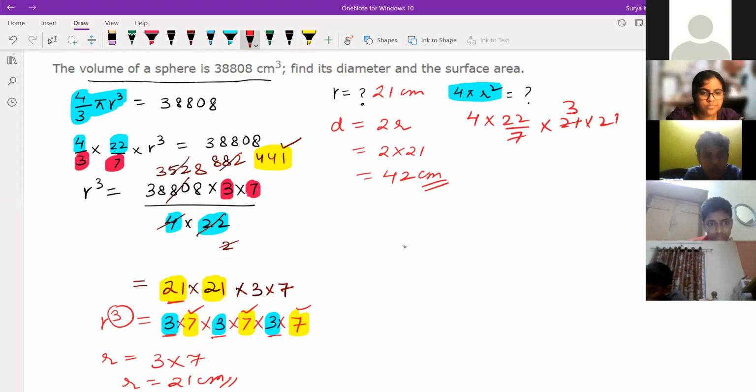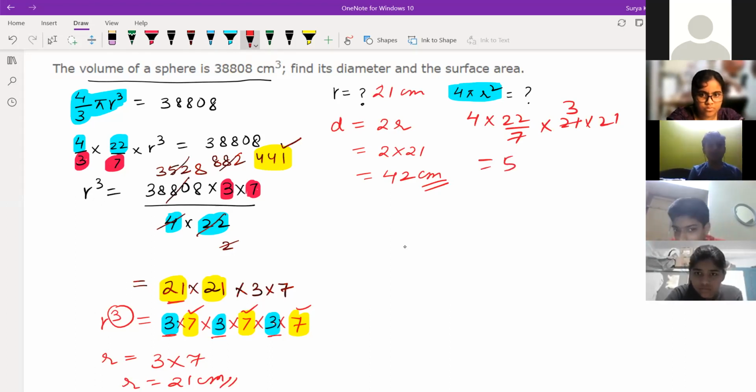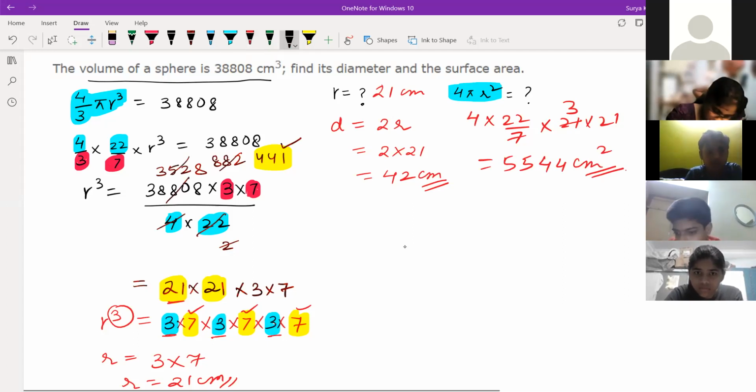So now you can multiply and get the answer, all of you. I'm just using a calculator. 22 into 4 into 63. 5544 centimeter square. So anyone having difficulty anywhere?